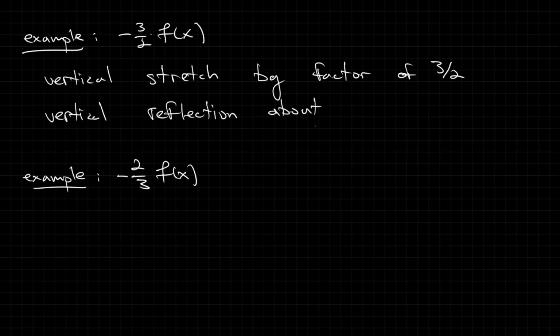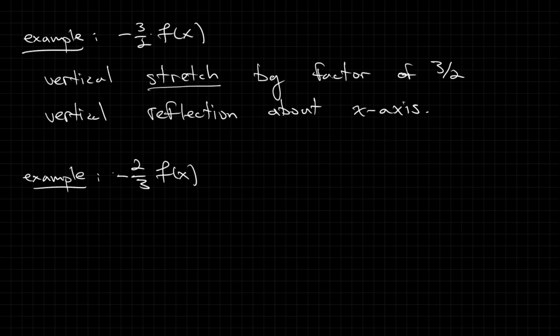And that vertical reflection will occur about, well, if we're moving vertically, we're going to have to cross the x-axis. And remember, to do that, you simply multiply all of the y values by -1. Maybe it's worth mentioning as well that this is a stretch because 3/2 is larger than 1.